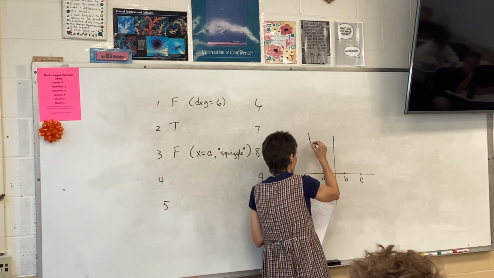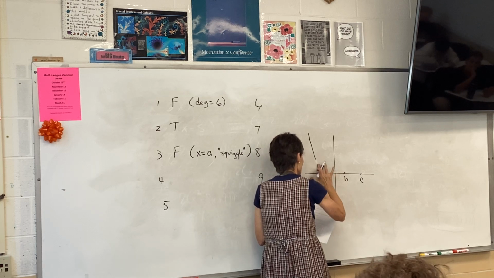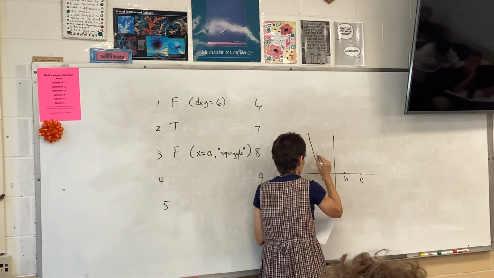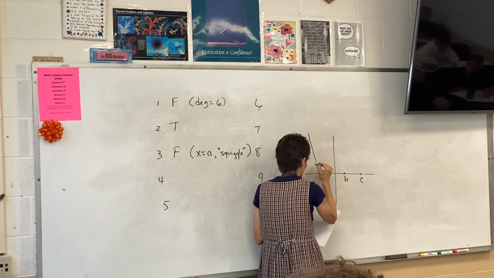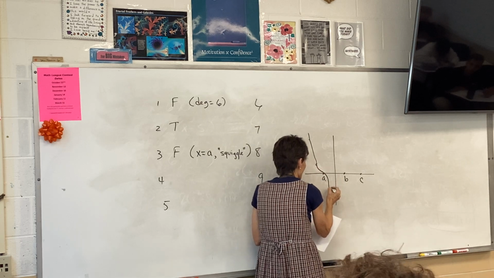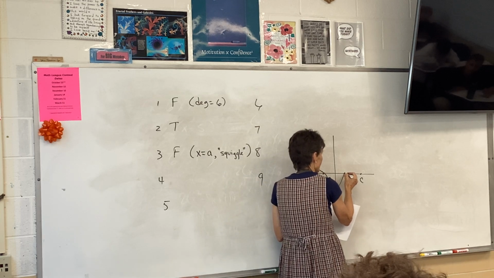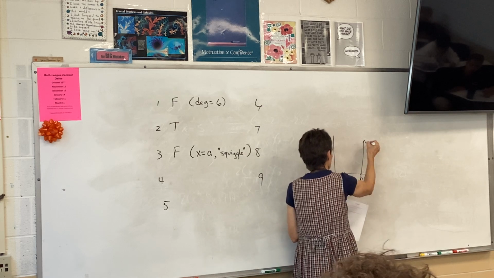And I know the graph does what at A? Squiggles. So I squiggled at A. And what does it do at B? Bounces. And what does it do at C? Passes through.